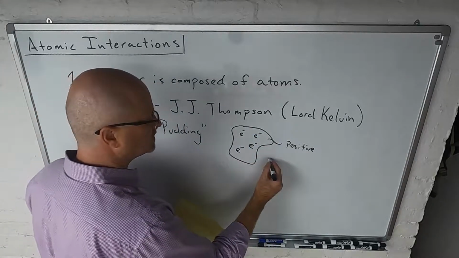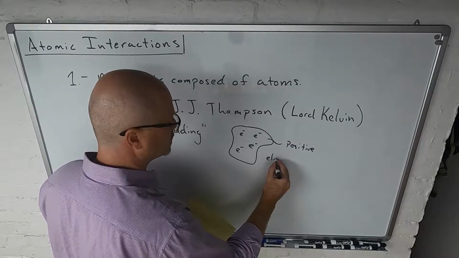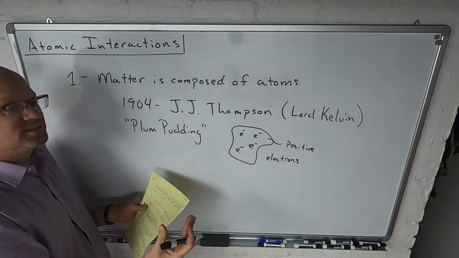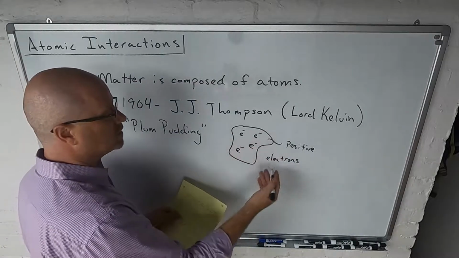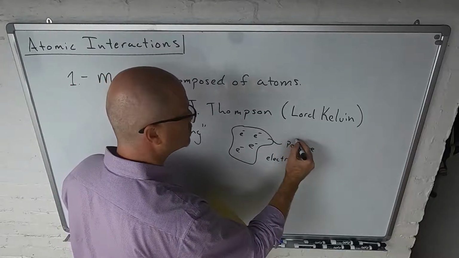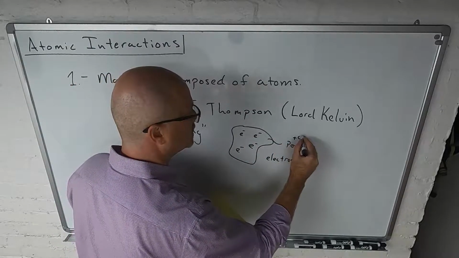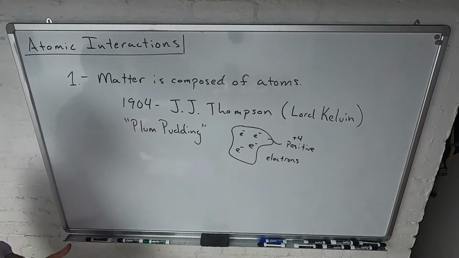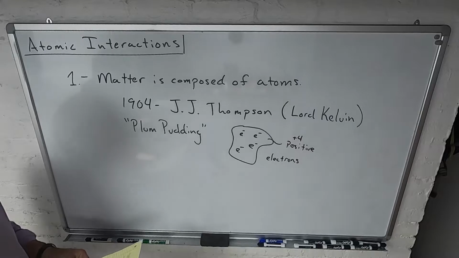They knew that electrons existed. Electrons were discovered. But they didn't know how electrons sat in this positive neutral matter, because if this was, say, for example, 4 electrons, this would have been plus 4 positive something. But of course this is wrong. This is not the way that matter was put together.